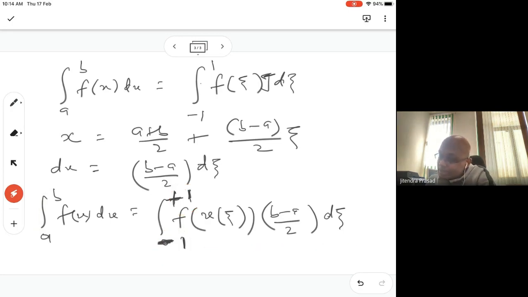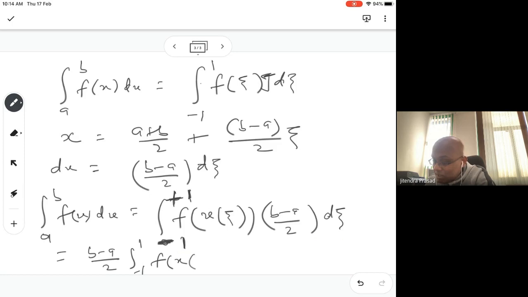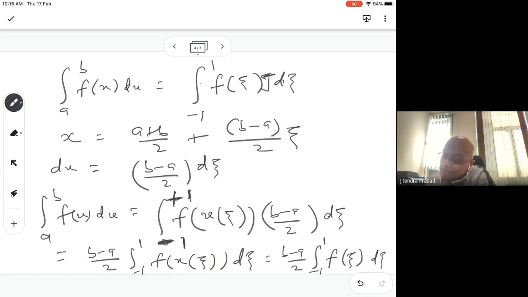Yeah, so this is how we get, and finally we end up with b minus a divided by 2, and then we have -1 to 1, and as a function of xi it becomes, right? So we'll have a function of xi here, right? Let's call it a function b minus a over 2, -1 to 1, f(xi) only. So we write f(xi) only like that.